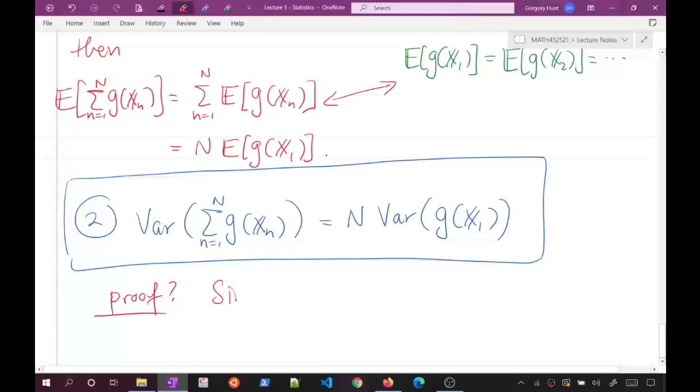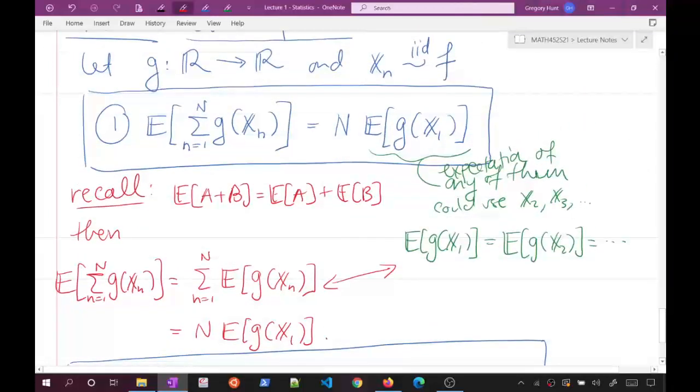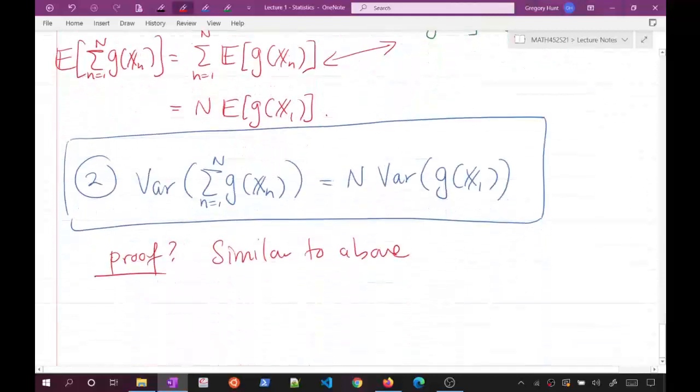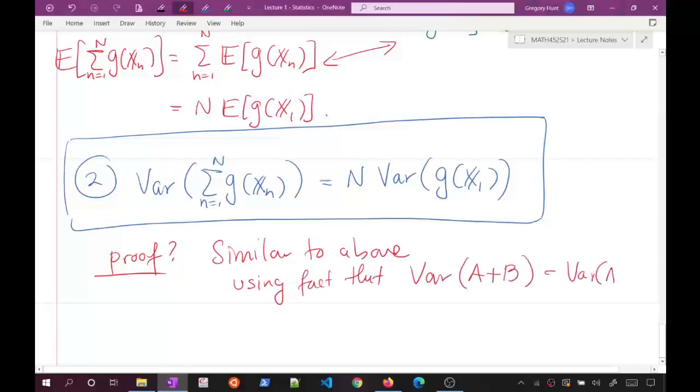Very similar to above, but in order to get the linearity property, here we've said that the expected value of the sum is the sum of the expected values. Generally, that's not true for variances. We have to use the fact that the variance of a plus b is the variance of a plus the variance of b if a and b are independent. So we need the independence, but we have it.